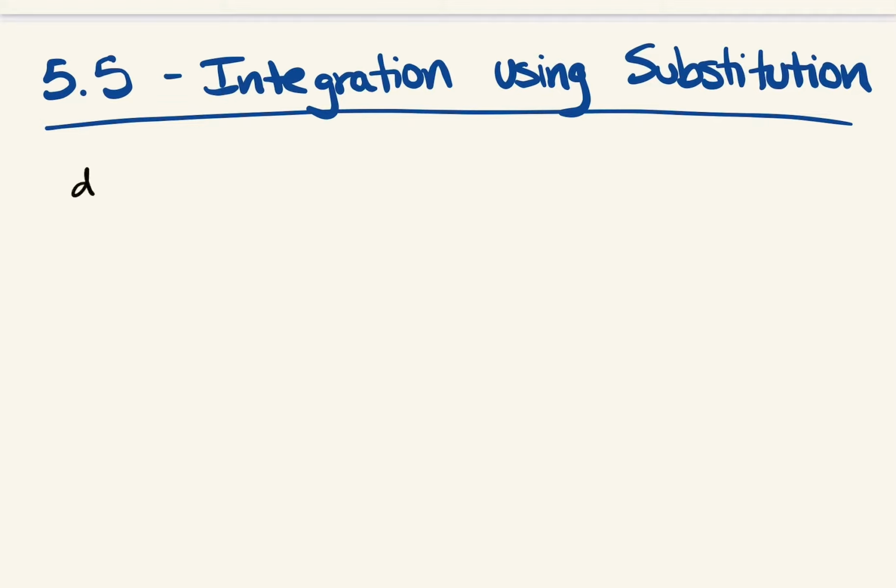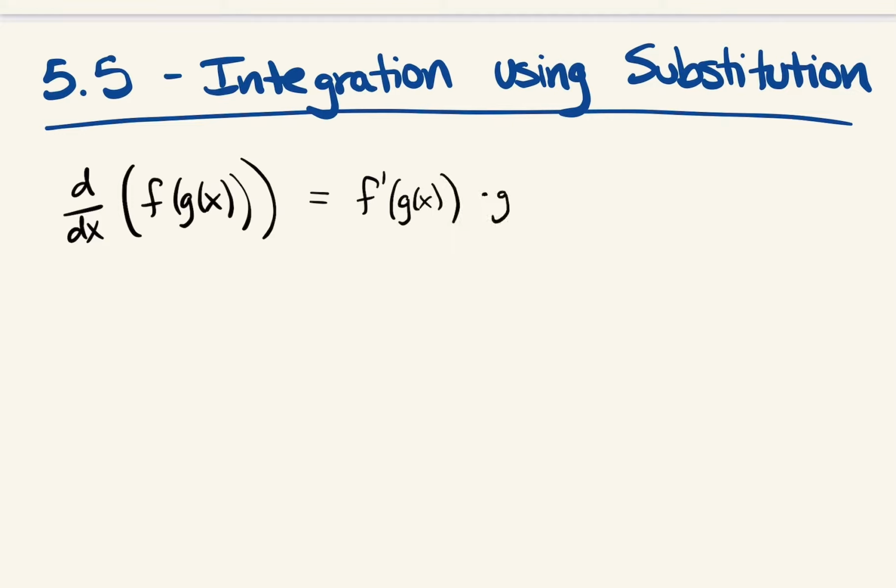So recall that if you're taking the derivative of a function composition, f of g of x, we take f prime of g of x times g prime of x. So if we were integrating something that looked like the derivative of a function composed with another function, where the derivative of that inner function shows up on the outside, right?